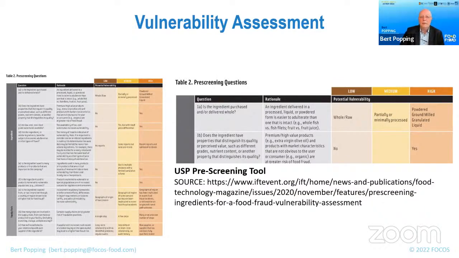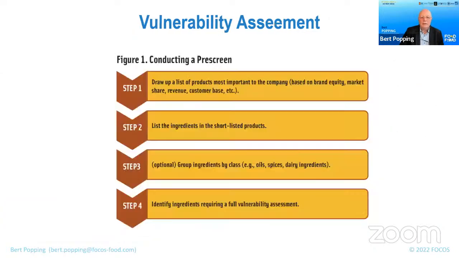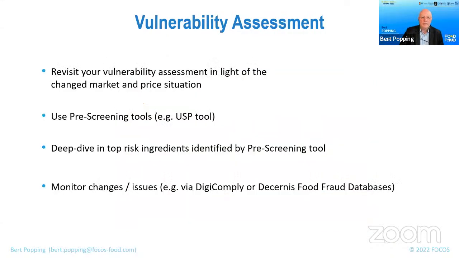Now, if you have a ground ingredient, it's very easy to add other substances. So the risk as the ingredient is processed becomes significantly higher. So this is the basis of that vulnerability assessment. So here you go. And then basically at the end of the process, you identify and then take action, maybe an additional audit, maybe additional testing for those products.